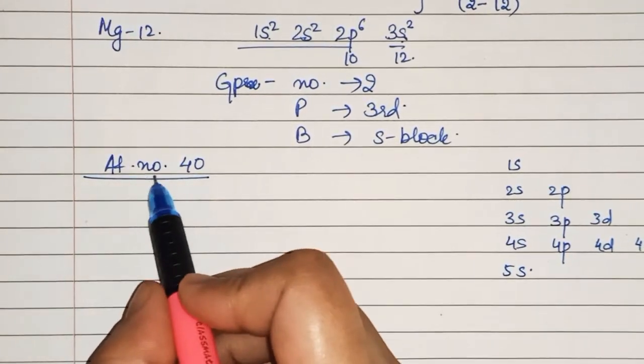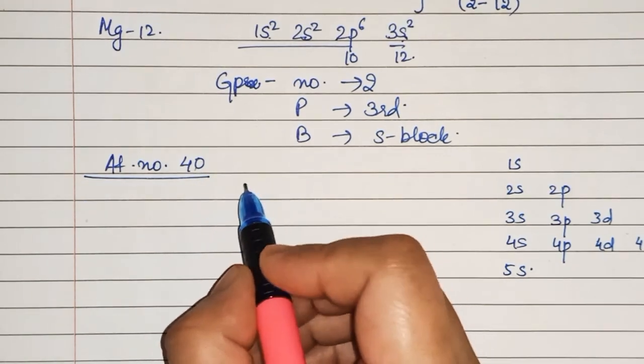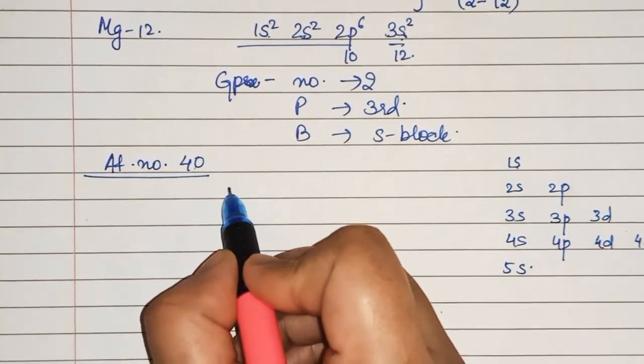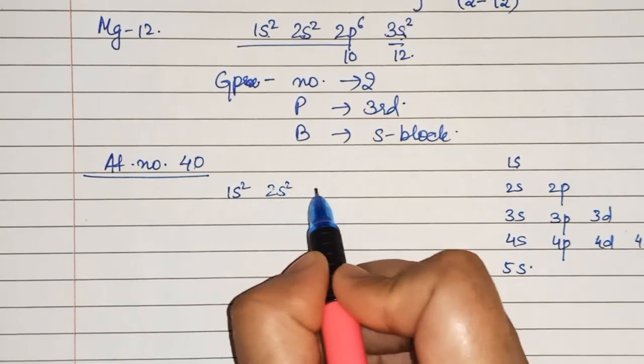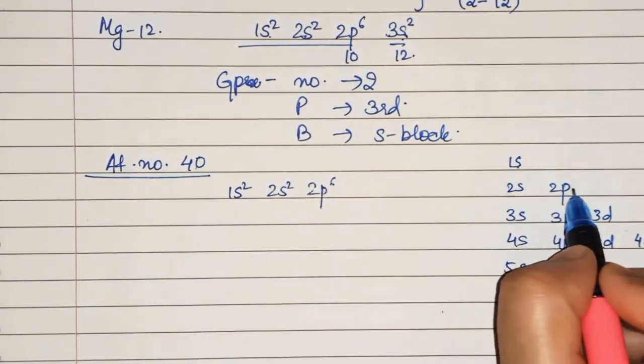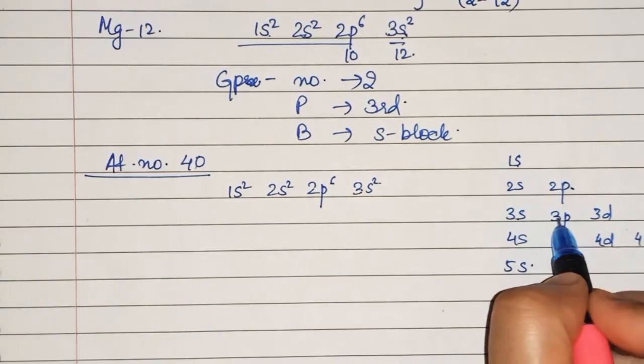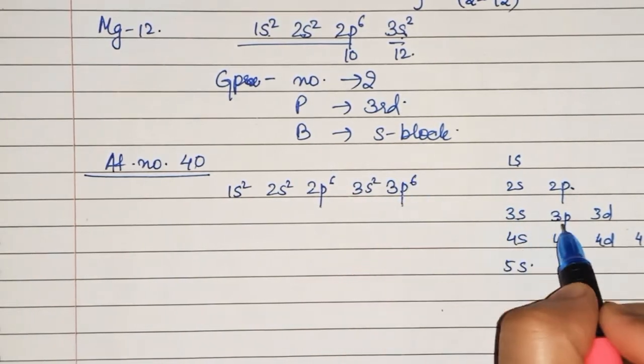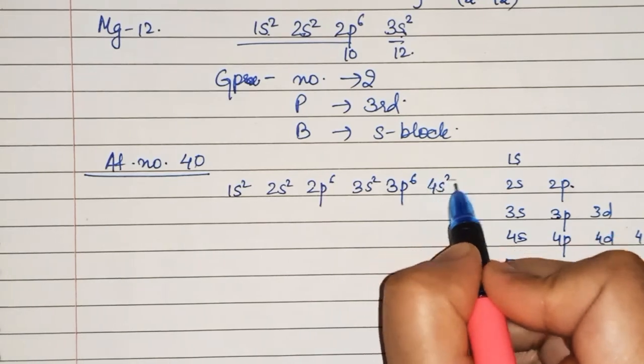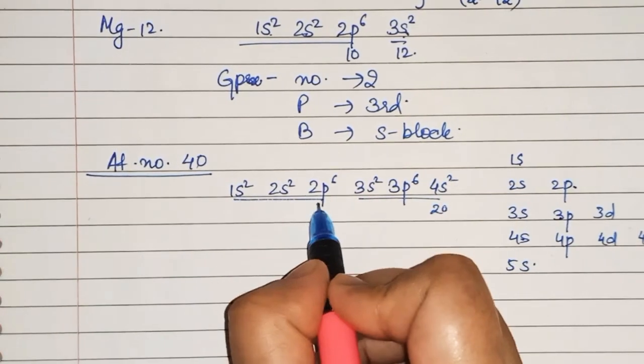Now let's take atomic number 40 over here. The electronic configuration you will start from here: 1s2, 2s2, 2p6, till here it is 10 electrons, then 3s2, 3p6, then 4s2, 20 till here.